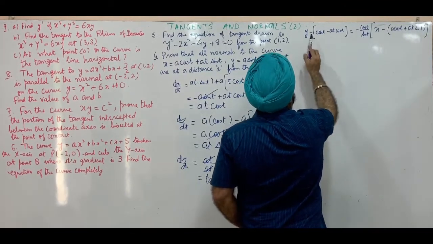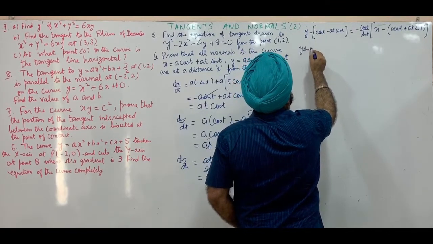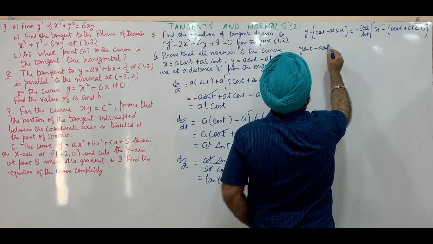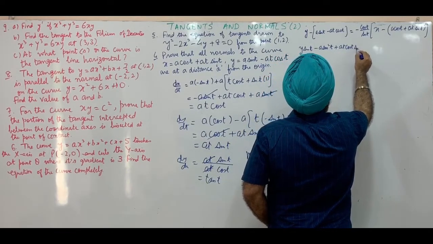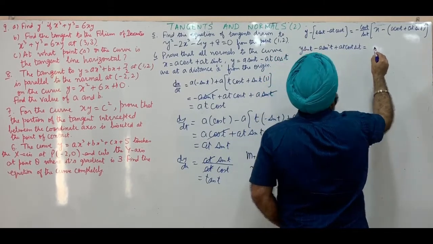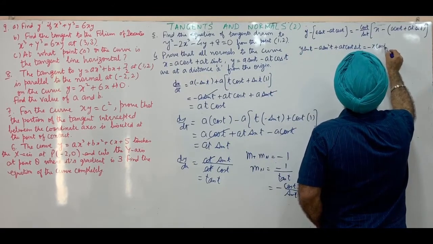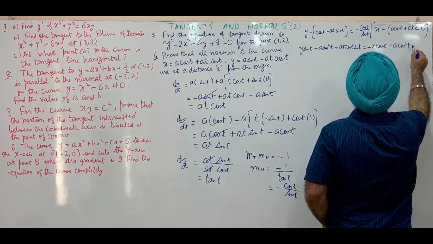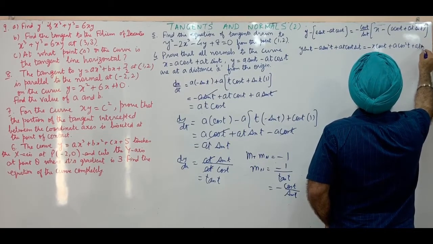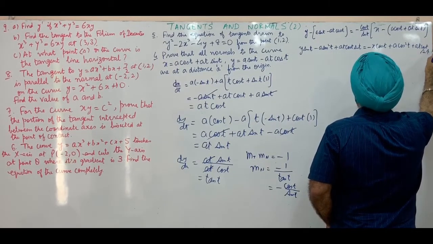Shifting sin t to this side, y into sin t minus a, this is sin square t, plus a t cos t into sin t. This is equal to minus x into cos t plus a cos square t and plus a t cos t into sin t.